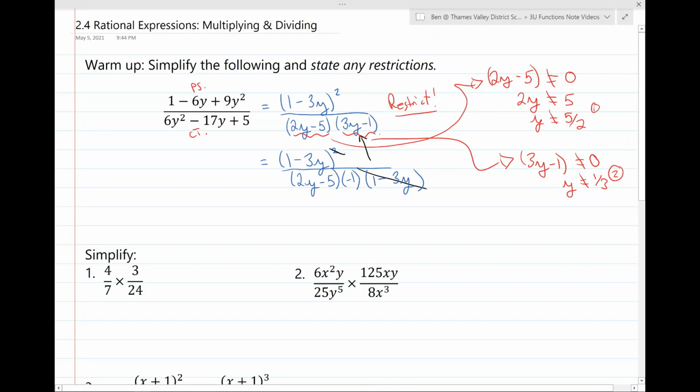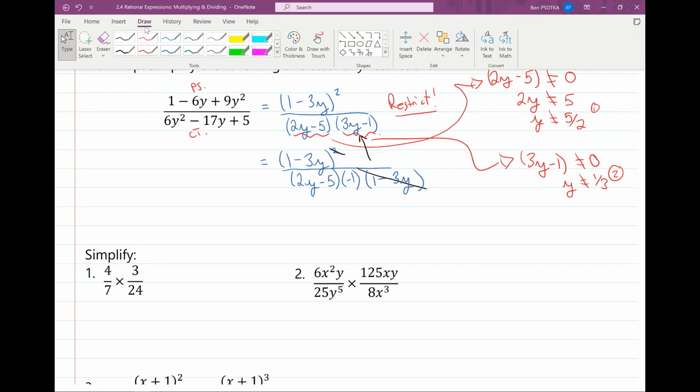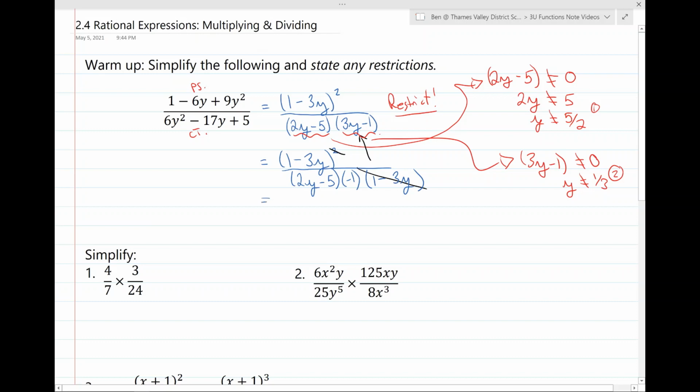So I can cancel one of those factors in the numerator with that factor in the denominator, leaving me with 1 minus 3y in the numerator. A negative 1, I'm just going to rearrange these. Negative 1 times 2y minus 5. Now I have this negative 1 here. I do want my negative to be in the numerator of a fraction, just because that is the way mathematicians like to see it. So we'll put that in the numerator.